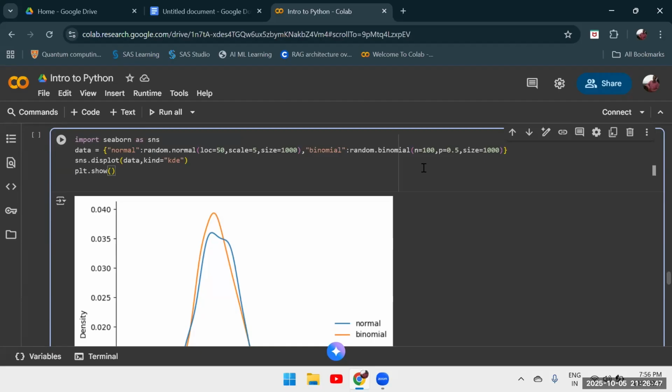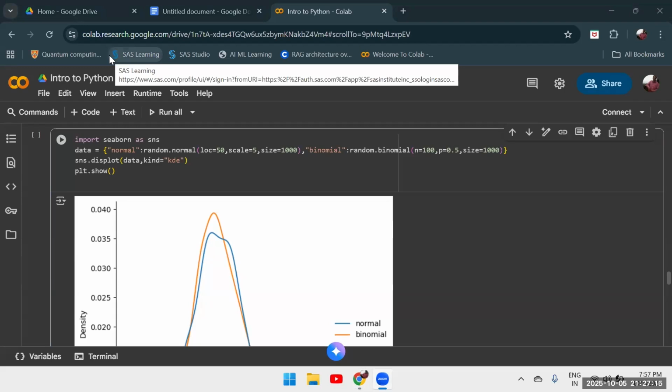What is a normal distribution versus what is a binomial? Normal distribution is where the data is distributed closely around the mean value.